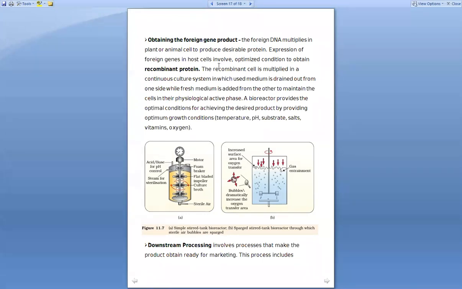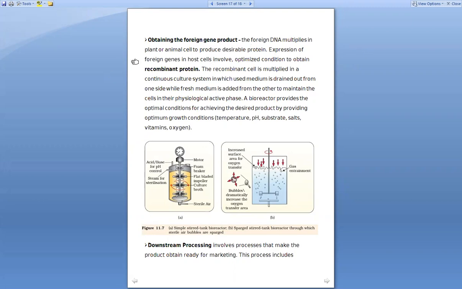So in the body of the host, the multiplication takes place. The DNA of that particular gene of interest replicates, and the number of times the DNA multiplies, that much protein is going to be formed. So the gene of interest is continuously going to produce the protein, right? And that will be the desirable protein.